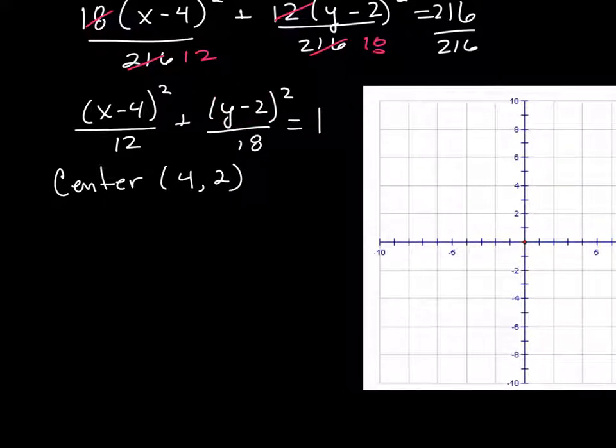The next thing I know is that a is equal to the square root of 18, and I know it's a because 18 is the larger one. That is 3 square root of 2. This is going to be my major axis.